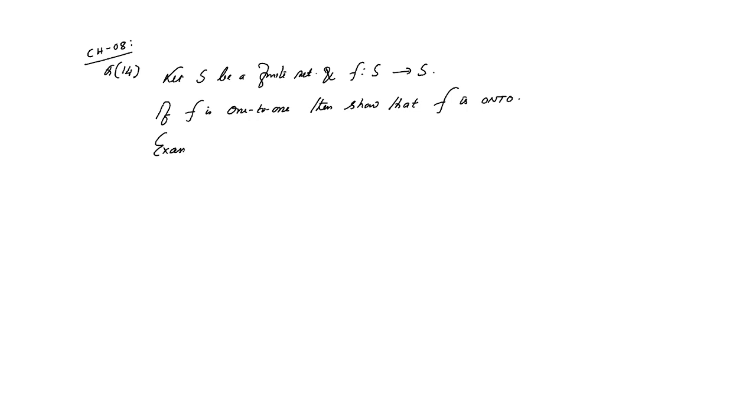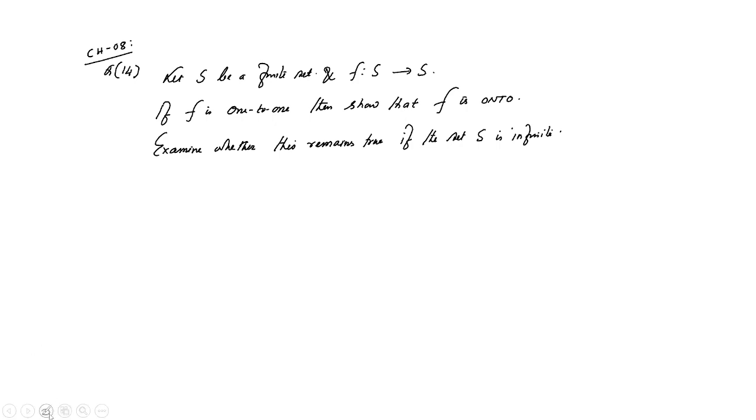There is another part of this question paper: examine whether this remains true if the set S is infinite. In the second case, we will see this result is not valid.